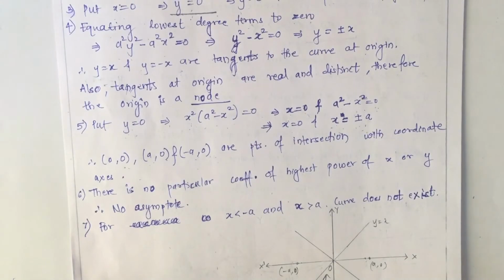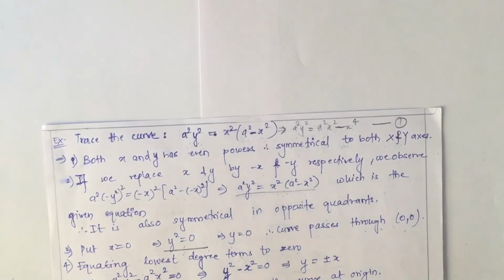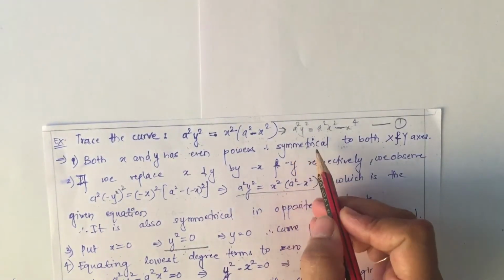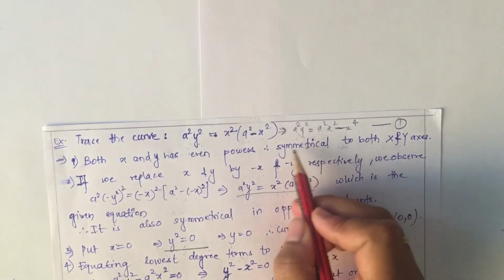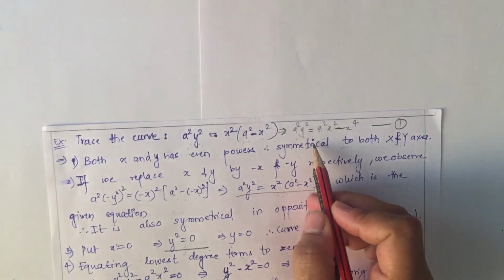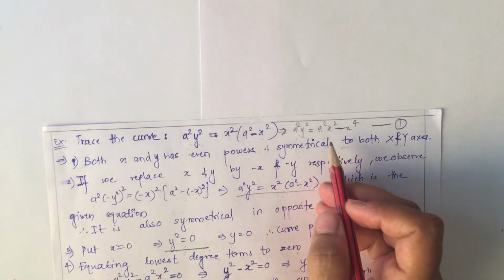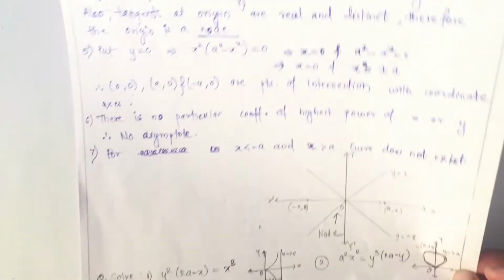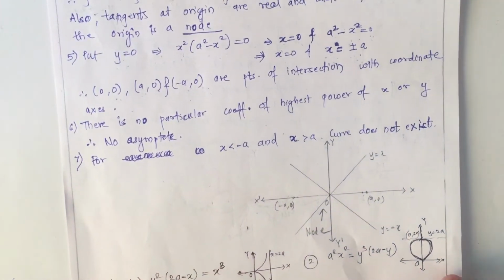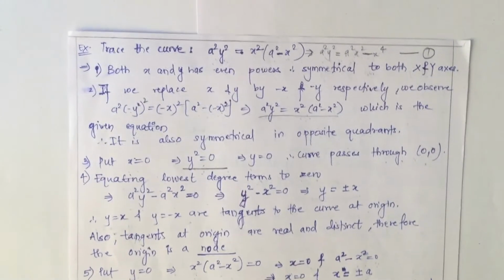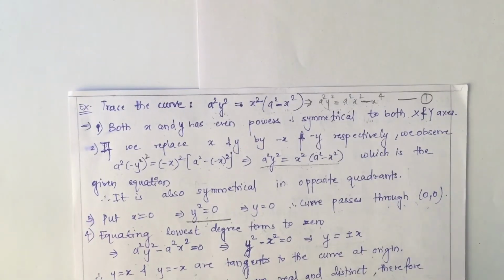Again, if we observe, there is no particular coefficient here which we can equate to 0 to find an asymptote. So we can say there exists no asymptote here. Next we need to check the region of absence of curve, where the curve does not lie.